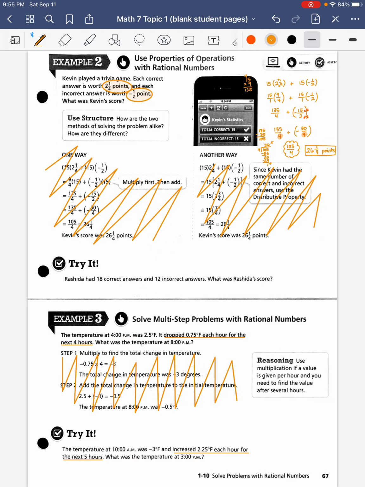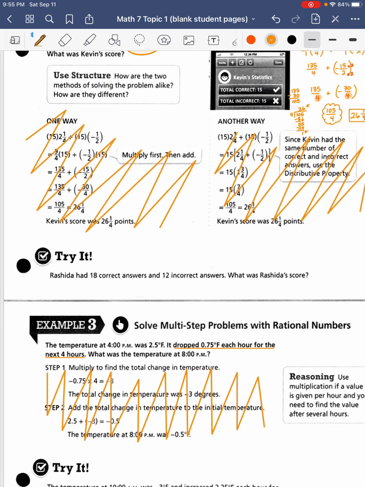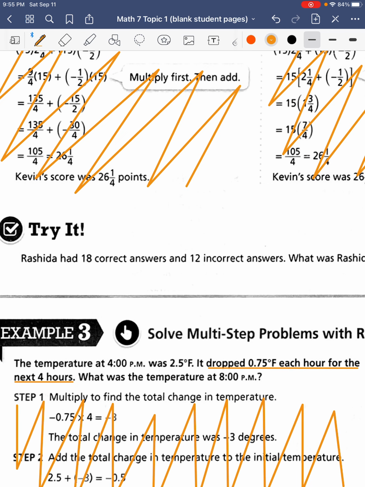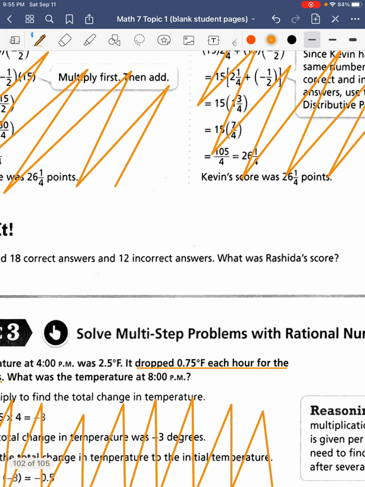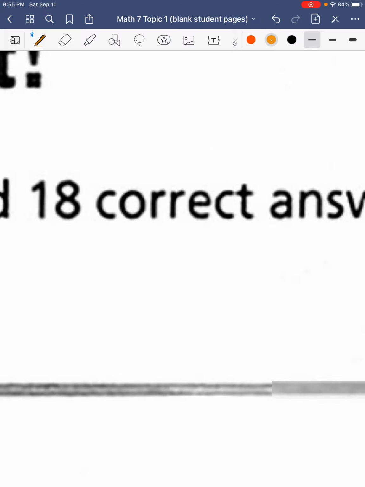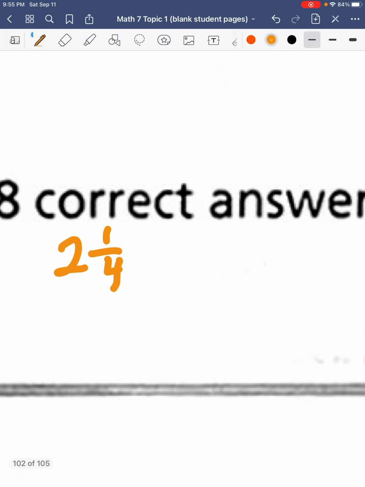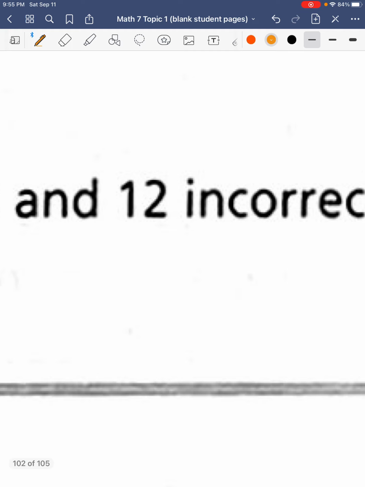Okay, moving on to try it. Rashida had 18 correct answers and 12 incorrect answers. What was Rashida's score? So same game. For those 18 correct answers, she got 2 and 1/4 points. And for those 12 incorrect answers, she got -1/2 point for each of those.